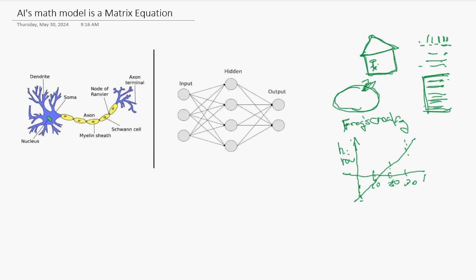Suppose this noise level is X, then Wx plus B is going to be Y. Y is the hours of rain, and sometimes its value is negative, but in reality it's statistical.